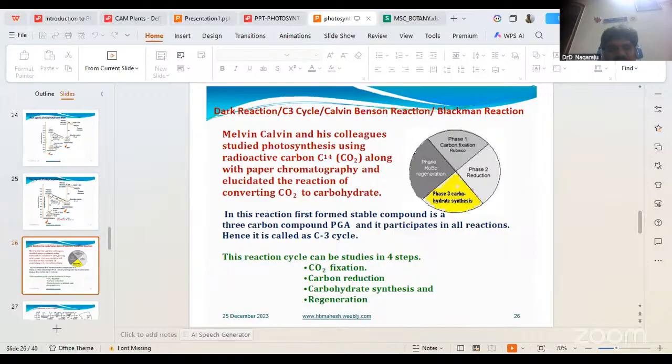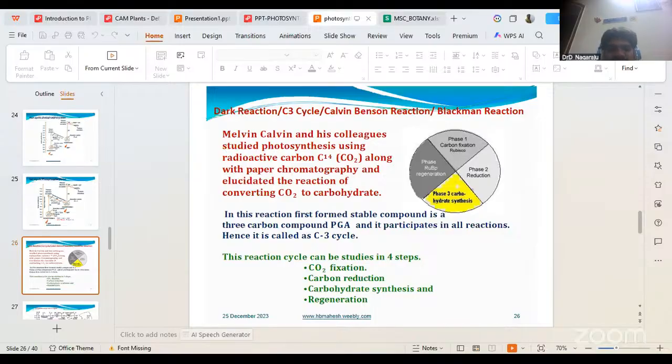erythrose 4 phosphate and xylulose 5 phosphate. One is a four carbon and the other a five carbon product. Here is 6 carbon plus 3, 9, which becomes 4 plus 5.